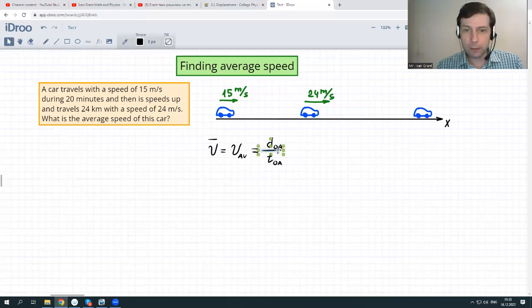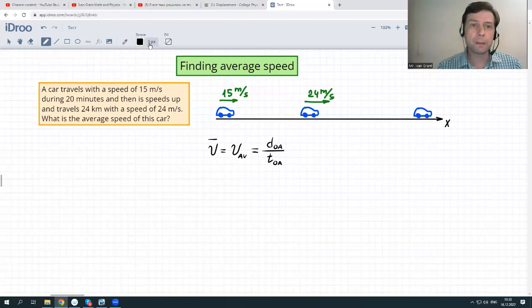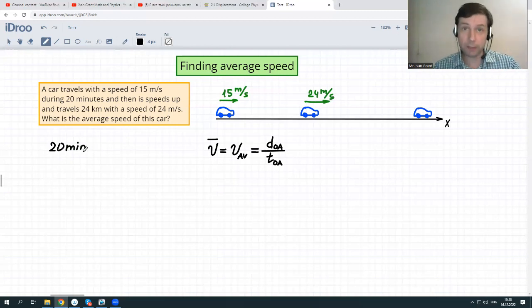And what do we need to calculate them correctly? First of all, let's pay attention to the unit measures. We have meters per second. It's finally okay. You know, the SI system works here. 20 minutes, it's not seconds. We have to have seconds. Let me write it down. And 20 minutes, if each minute contains 60 seconds, we just multiply it by 60, it will be 1200 seconds.